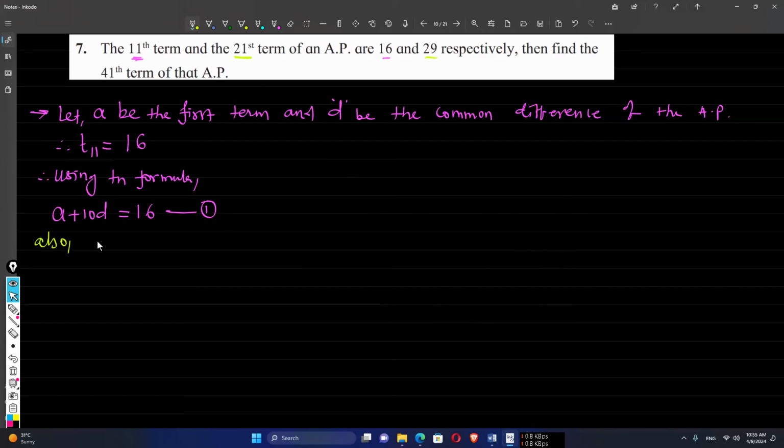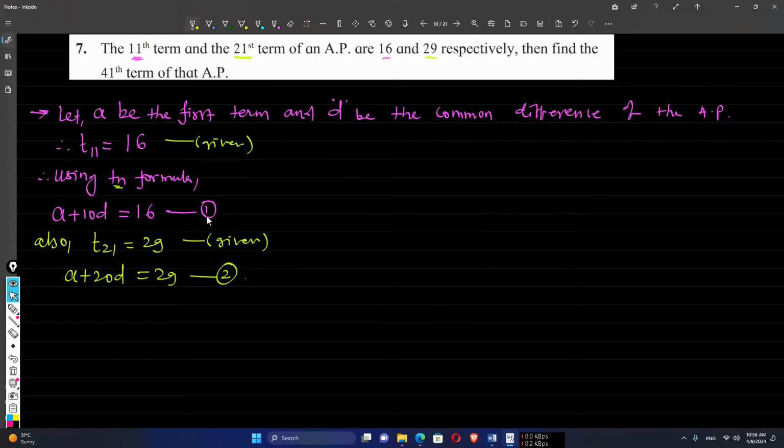Also, T21 is equal to 29, which is of course the given thing. Now, using the same formula, that is Tn formula, we can write T21 as A plus 20D equals to 29, and this will be our second equation.